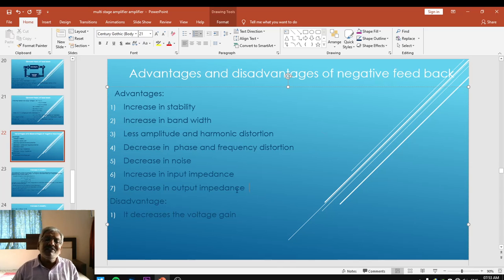It has only one disadvantage, and that is it decreases the voltage gain, as we already studied just now. Friends, thus the voltage gain of a negative feedback amplifier decreases with only this disadvantage. Remaining all are the advantages of negative feedback.